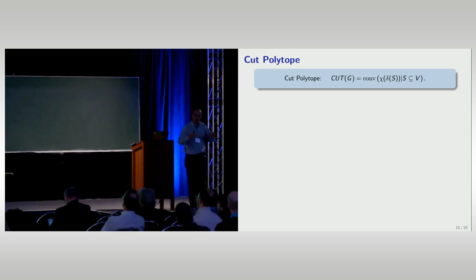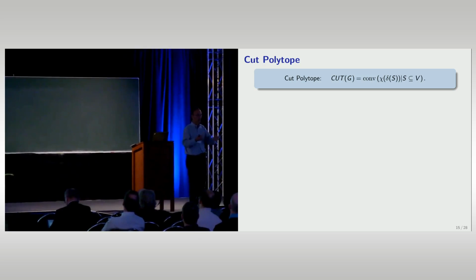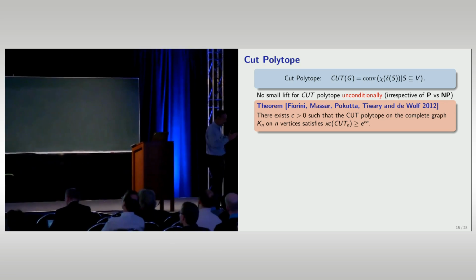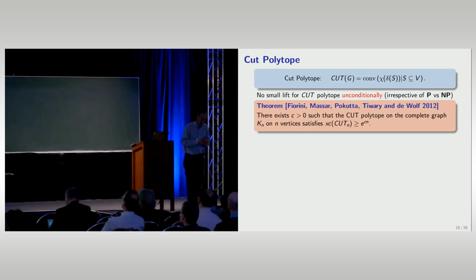Now, I said if P is not equal to NP, then there is no polynomial time algorithm for optimizing over the cuts, and so in that case, we do not expect to get a complete description of the polytope. But maybe P is equal to NP, who knows? Still, in this line of research on the lifts of polytopes, I told you about Rothvoss's result about the matching polytope.